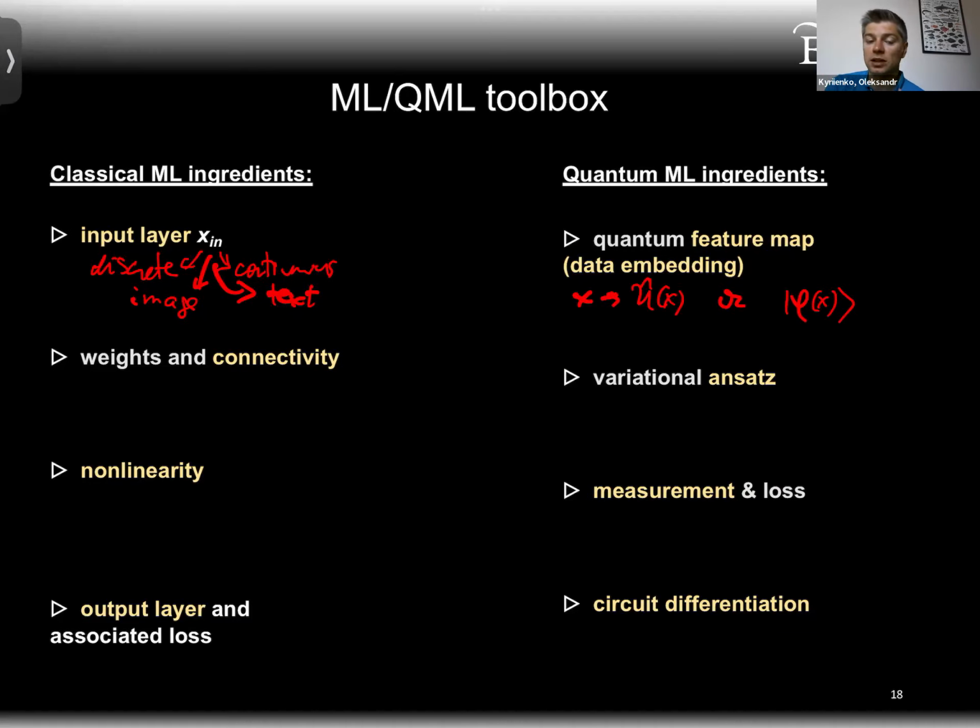Then the weights and connectivity of your deep neural networks now go into the variational ansatz. So that is unitary W of theta that rotates and searches for the best quantum state representation, in which you can either perform a measurement or compare the states.